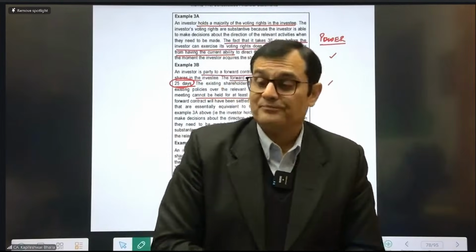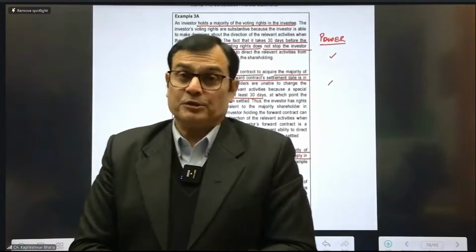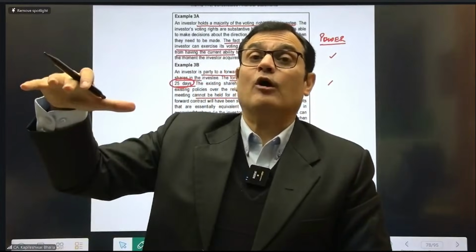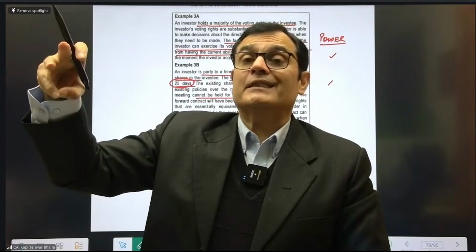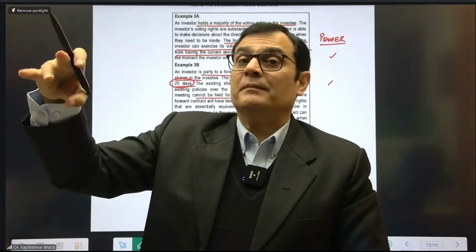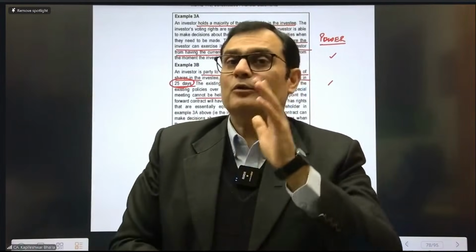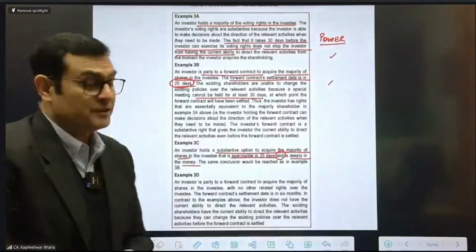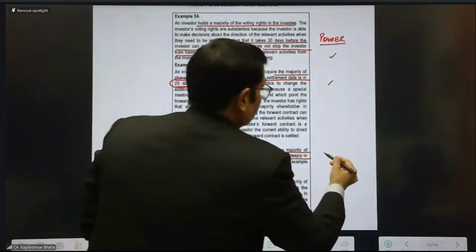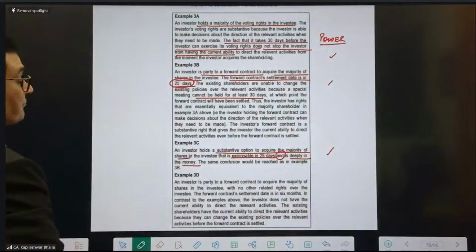Is that correct? So the only combination where, under an option contract, you get power is, number one, it is deeply in the money, and number two, you are going to settle the contract before the meeting. I'll come to some permutations and combinations very shortly. That's right, so the power comes here as well.